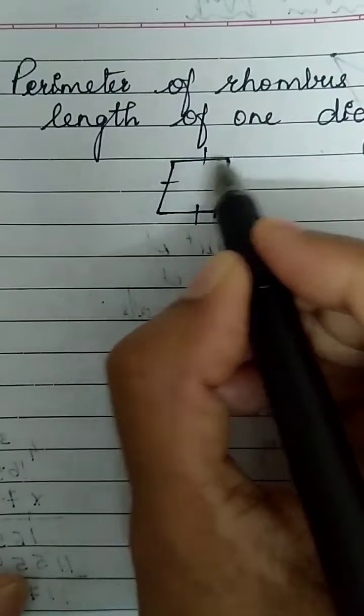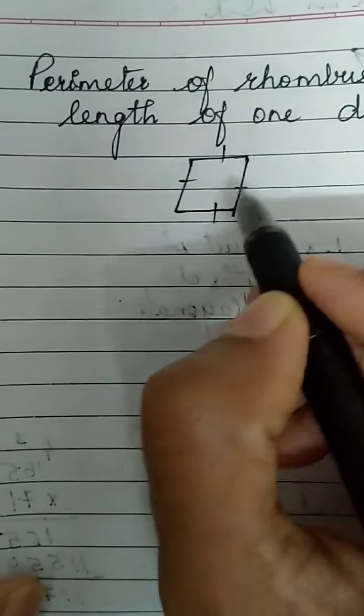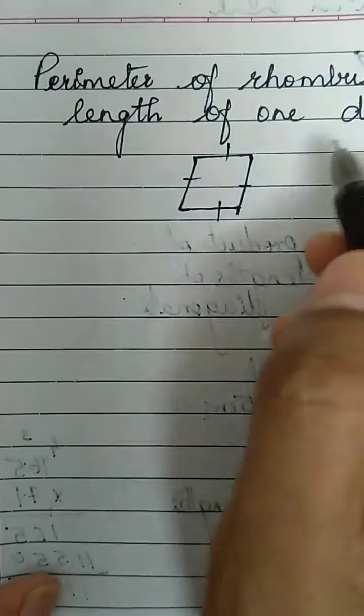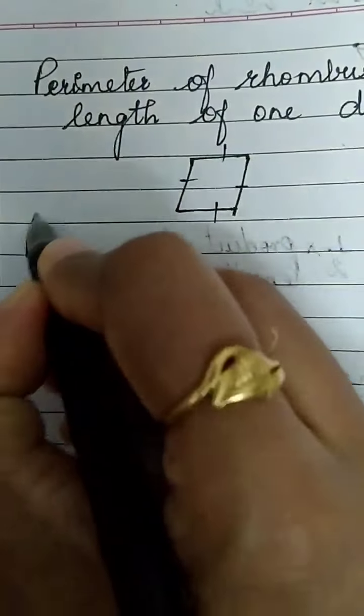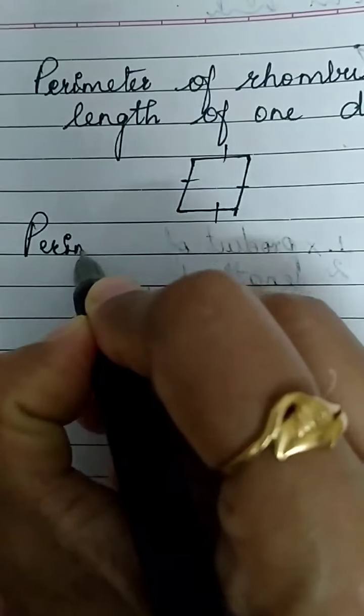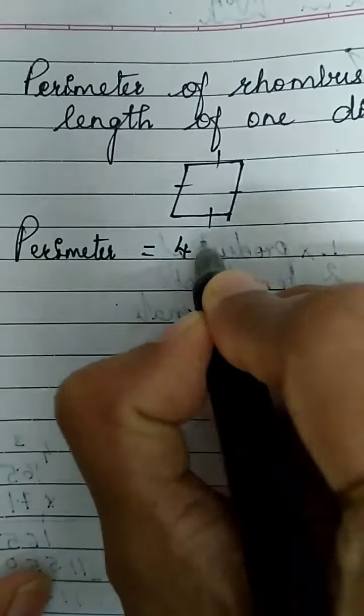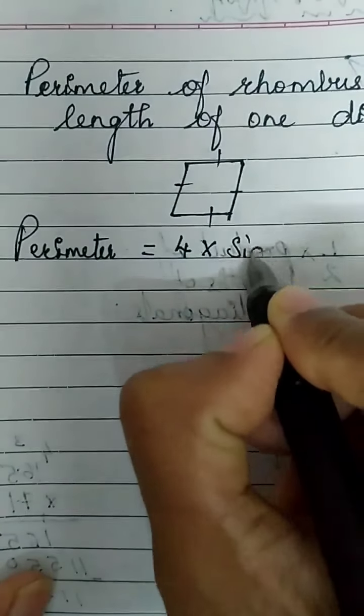So first side plus second side plus third side plus fourth side, which is nothing but 4 into side, is the perimeter. Perimeter of rhombus is equal to 4 into side.